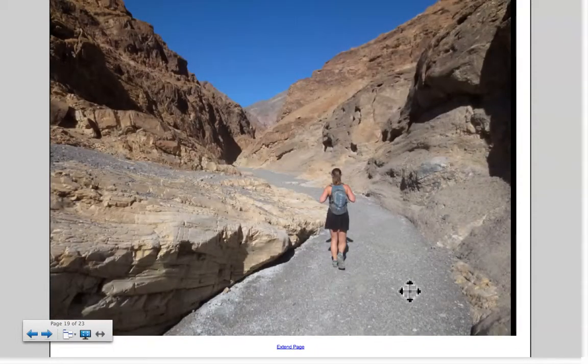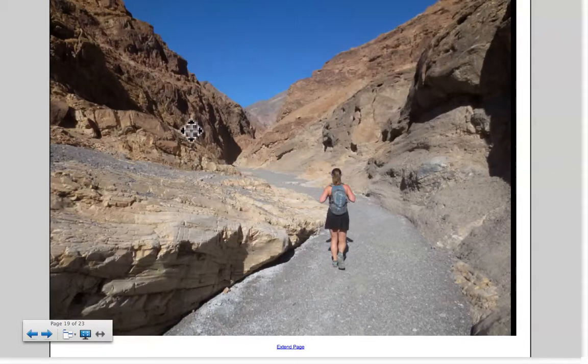Along in California, as I visited Death Valley, I hiked through Mosaic Canyon. It was called Mosaic Canyon because of all the different colors. You see little purples and reds, then it's grays and yellows and blacks. All the colors made this canyon called Mosaic Canyon a special place.